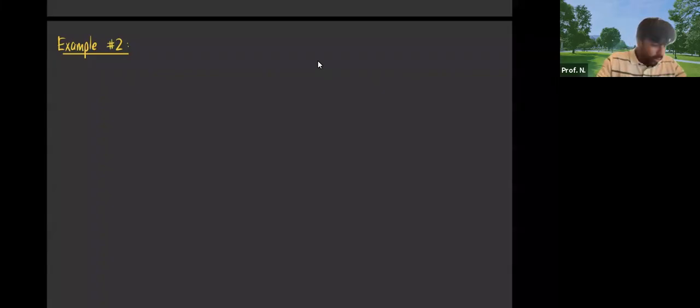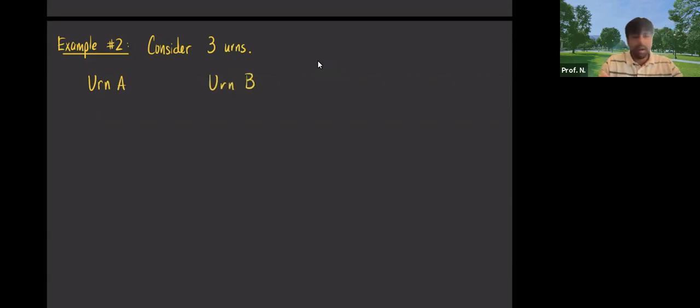Okay, so consider 3 urns. So we have urn A. You're going to be seeing the word urn a lot more now. They like urns. So in probability, they like flipping coins. They like rolling dice. They like the 52 card deck, right? We've been doing that a lot. And now you'll be hearing about urns.